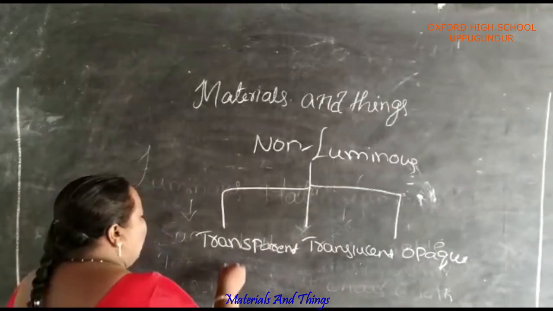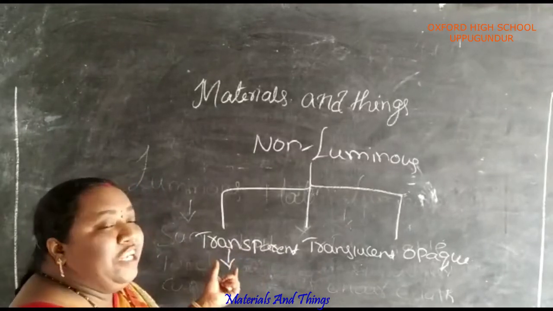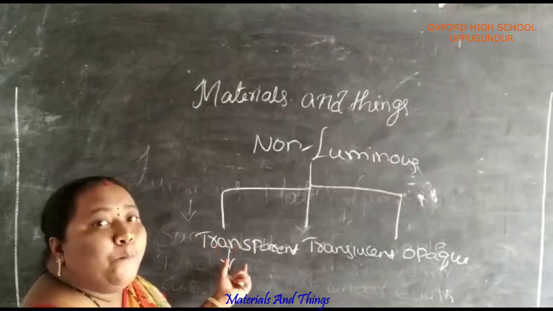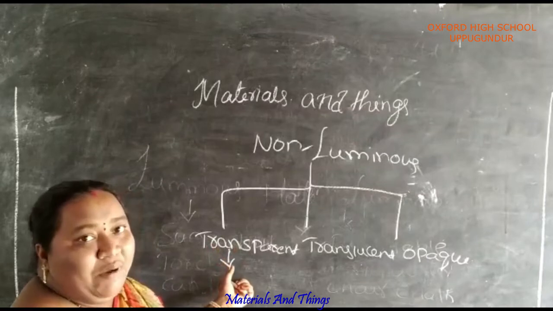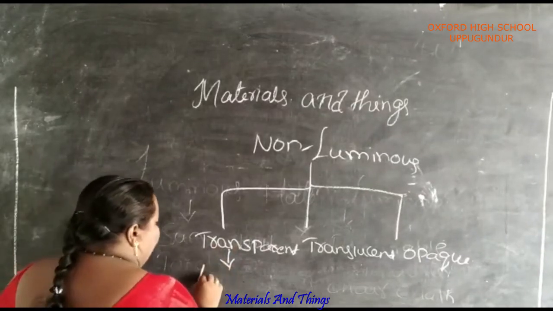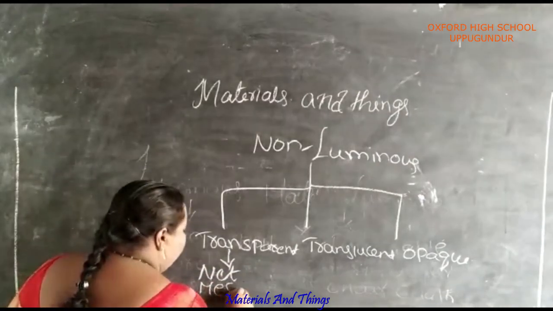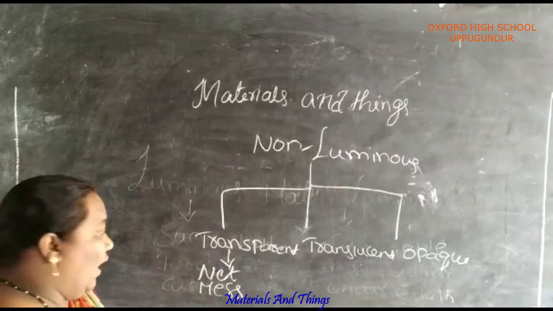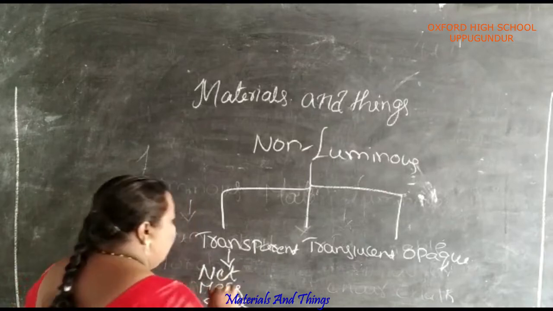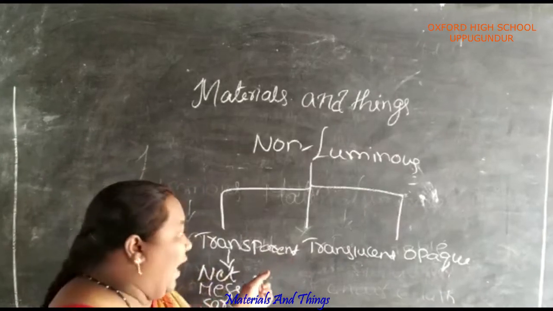The non-luminous objects which allow the light to pass through them are called transparent. Example for transparent: net, mesh, a saree like a silk saree, etc.